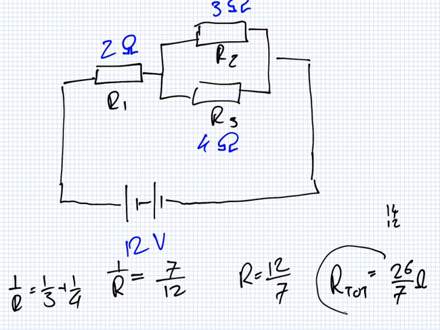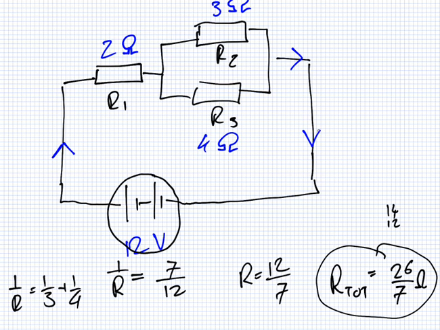Right, so my question is basically what is the current here and the voltages? First you get total R. So 1 over R equals 1 over 3 plus 1 over 4, which is 7 over 12.